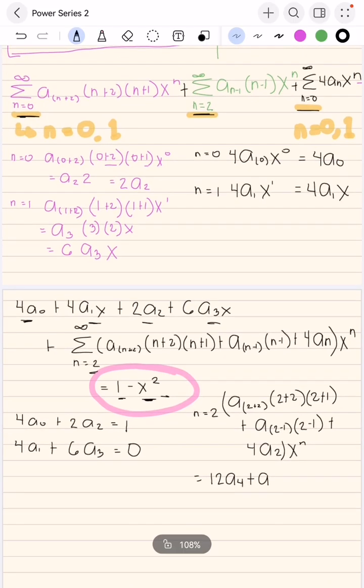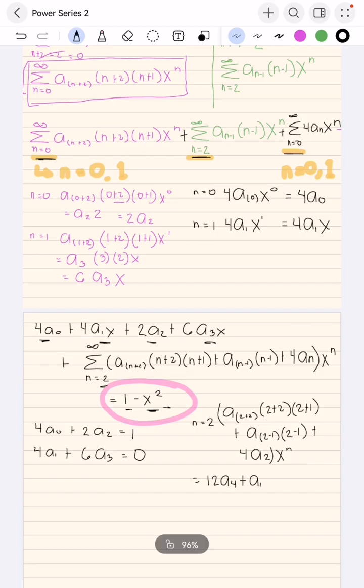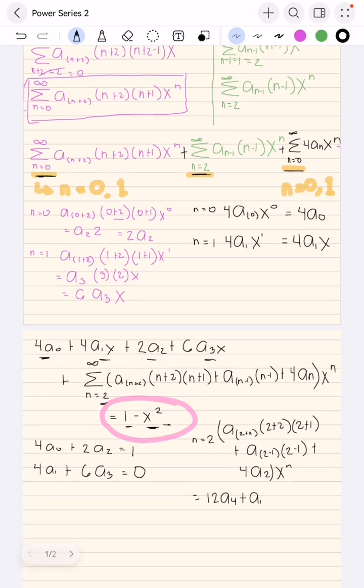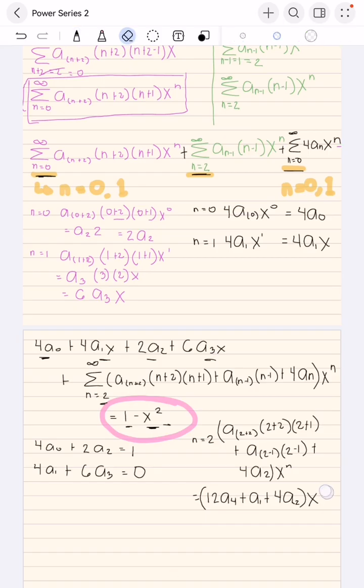plus a1, right? Am I right? Wait. This one, and then this is a1, and then plus 4a2 times x squared, so the x power of 2.